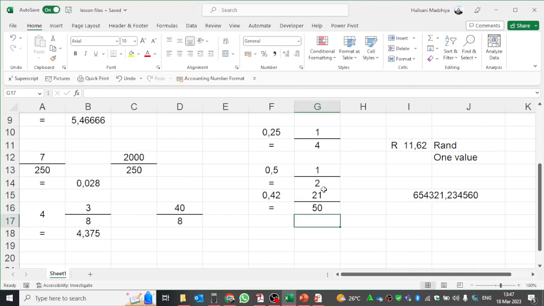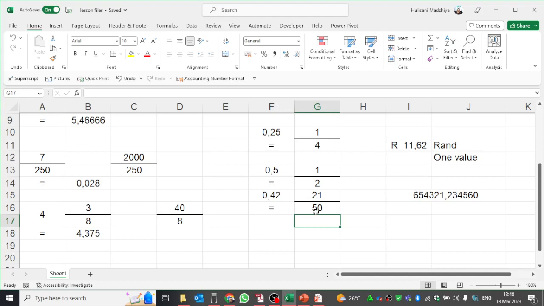Then we can ask ourselves, can 21 out of 50 be simplified further? Is there a prime number that we can use to simplify this fraction?